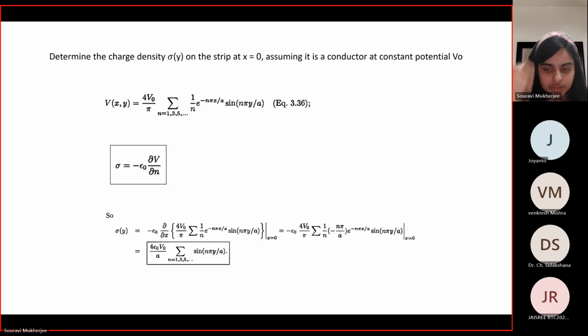Yeah, ma'am. What is del V upon del N? What does it represent here? So N basically means the normal component. If you have a conducting surface in the xy plane, then the normal will be in the z direction, and the direction along the normal is given by N, right?